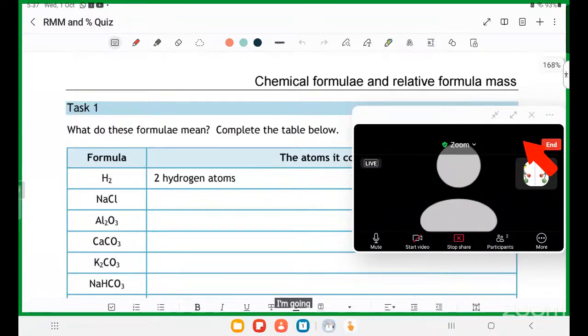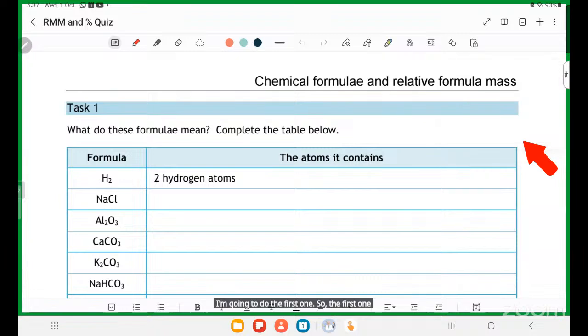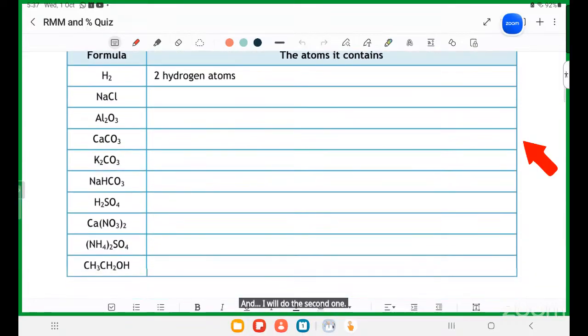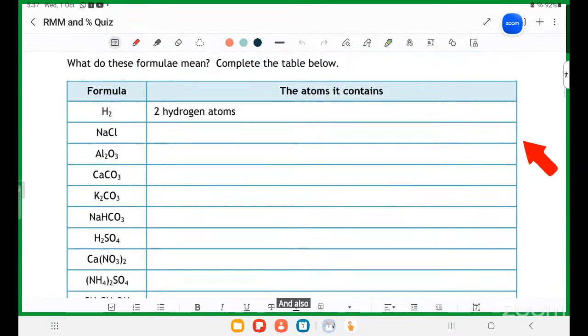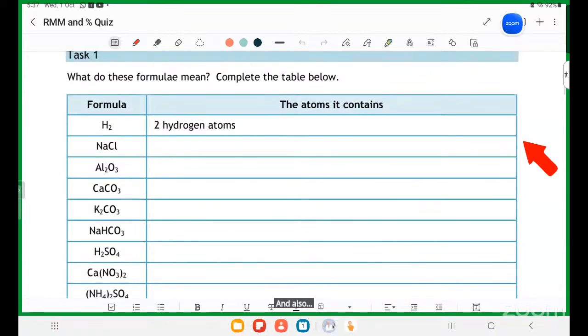I'm going to do the first one. Sorry, the first one has been done. And I will do the second one and also the third one. Then you will do the remaining.